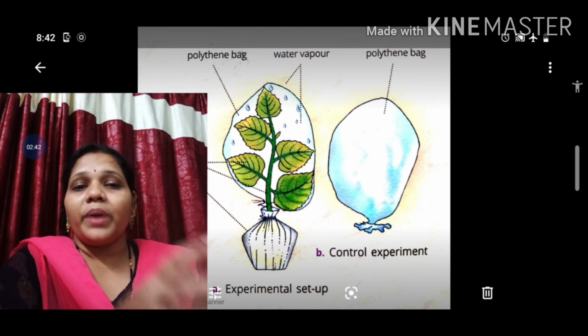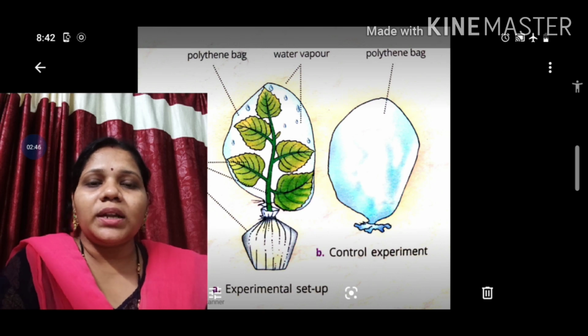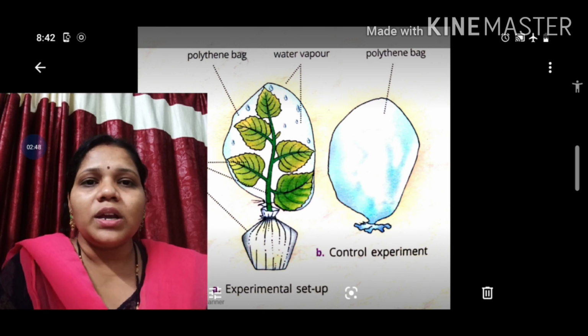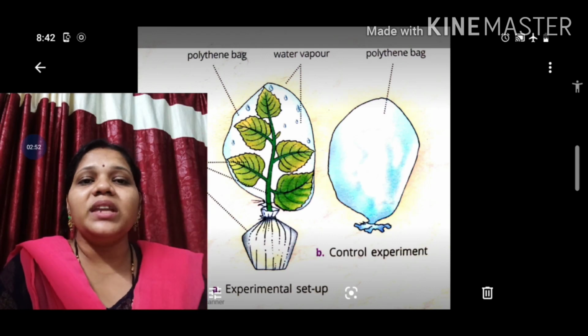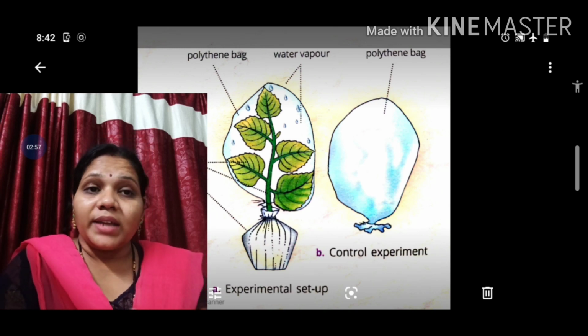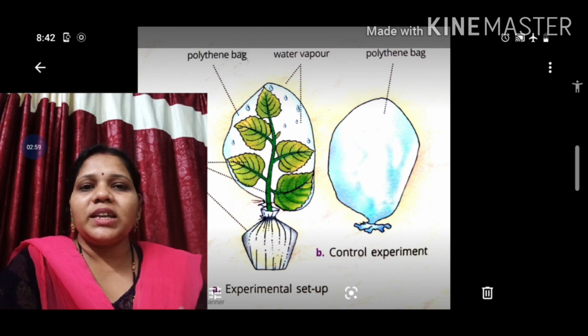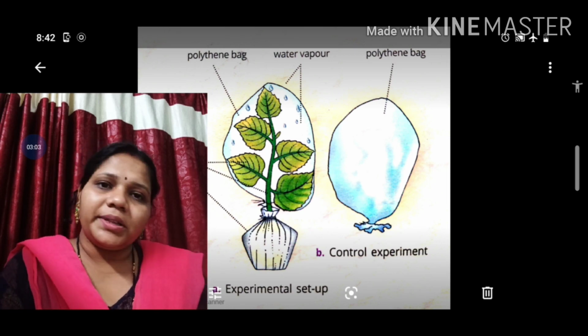We will place the plant under the sunlight for 2 to 3 hours, and after that we will find that some water droplets are placed on the inner surface of the polythene, whereas in the other polythene which is kept as it is, there is no water droplet inside.